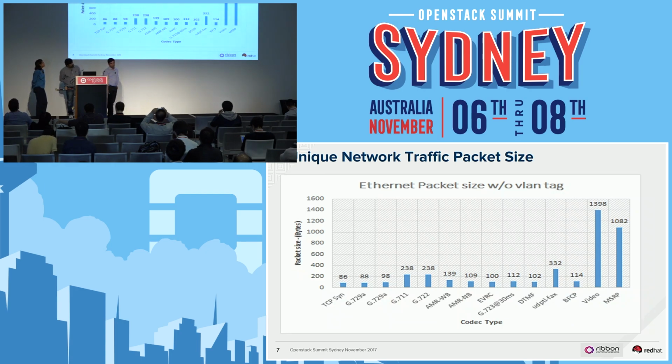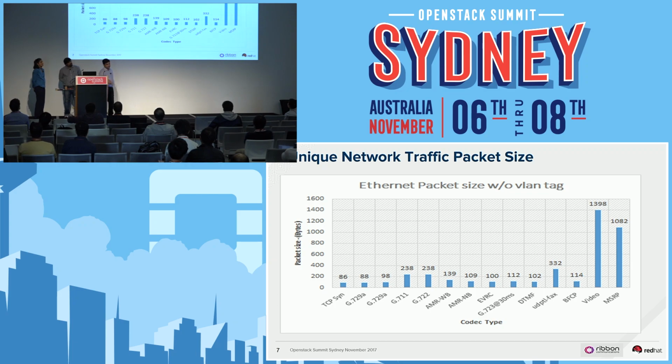So here is one particular unique network traffic packet size. If you compare a Telco NFV app with a normal web-based NFV or anything, as you can see from the left-hand side, for G.729A with 10 millisecond packetization time, the packet payload is 88 bytes. But if you compare a video payload, it's close to 1400 bytes. The audio payload is 15 times smaller than a web payload or a video payload. So real-time Telco NFV is dealing with smaller packets.